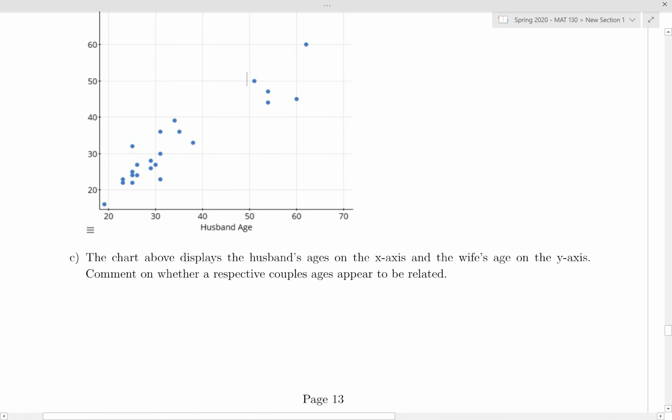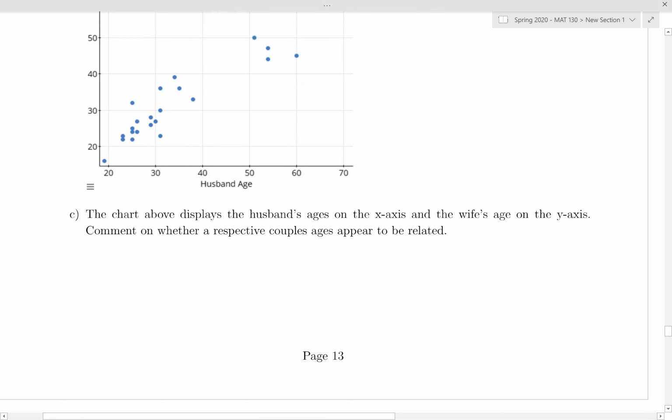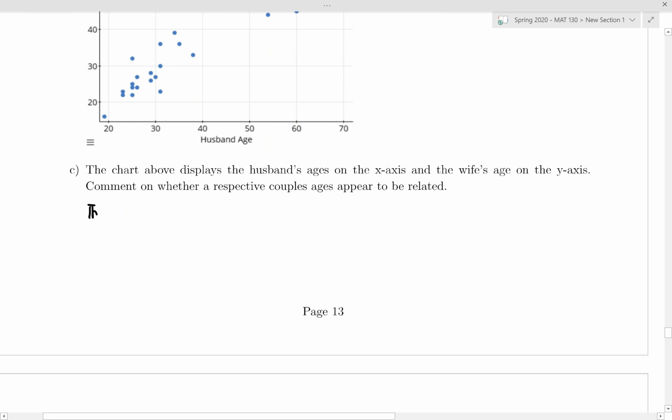So, what's happening to the wife's age as the husband's age is increasing? Think about it, we are increasing, right? So it seems like they're related. The plot here indicates that the older men tend to marry older women, and the same for younger men, right? They seem to marry younger women, so they are indeed related.